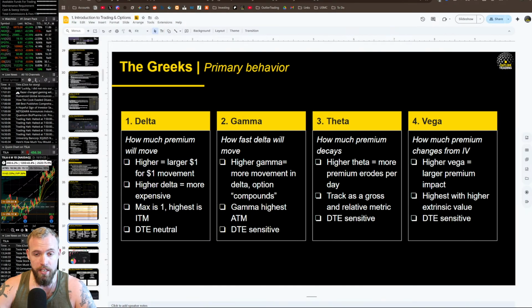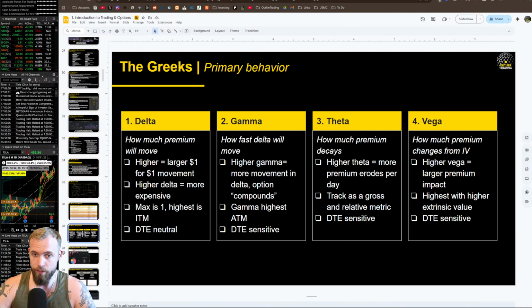There are these primary Greeks: delta, gamma, theta, vega. I call them the primary Greeks because they really all pertain to the dominant force of an option, which is its price, or change in something else that measures premium change from price. I'm referring to gamma there.